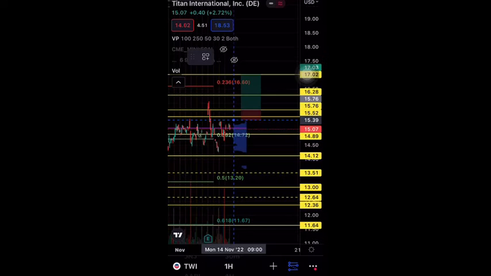Okay, so there's a long. Let's add our short. Remember, what you want to do is to add a long, you want to look for the next resistance, and that's your entry. And in this case, for the short, you want to look for the nearest support and make that your entry.